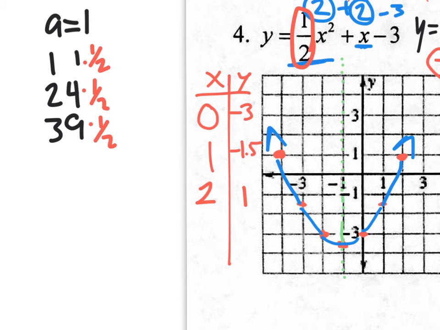So my new pattern will be 1 from the vertex to the left or right, and then 1 times half is 1/2. Okay? And then over here 2, and then 4 times half is 2. And then 3, and 9 times half is 4.5.